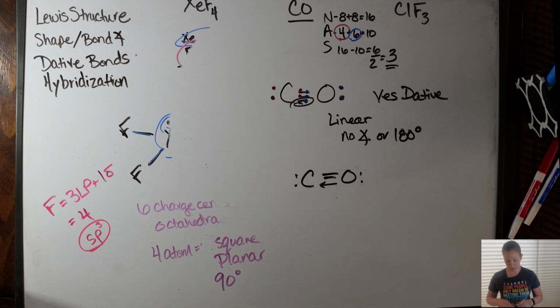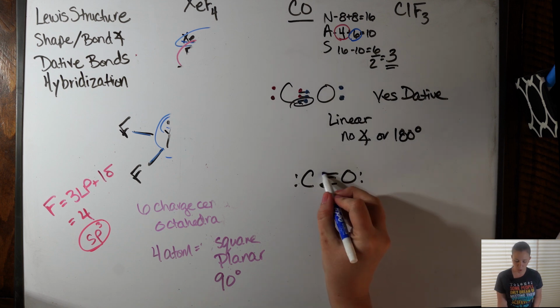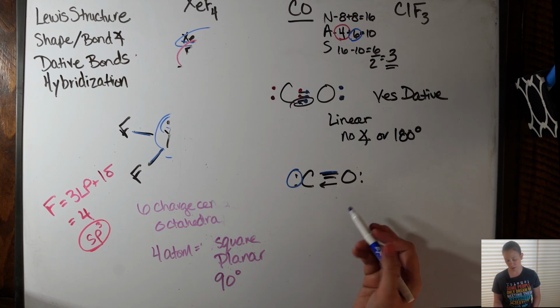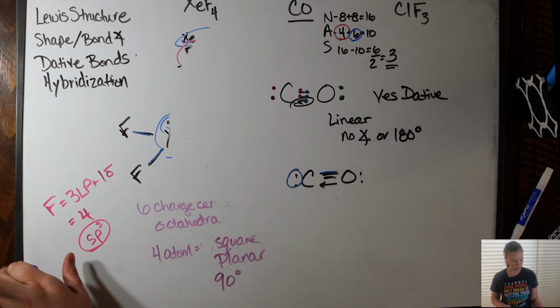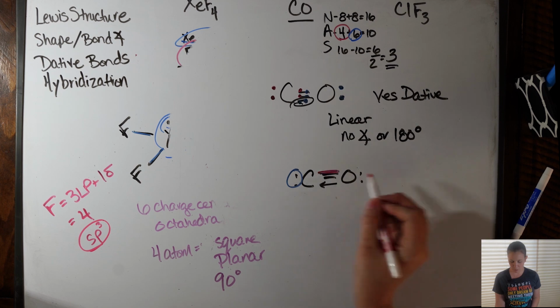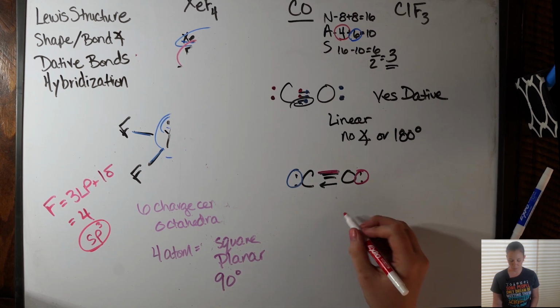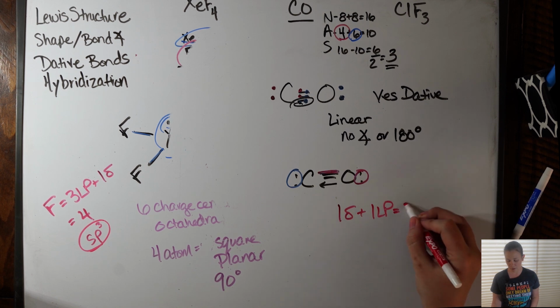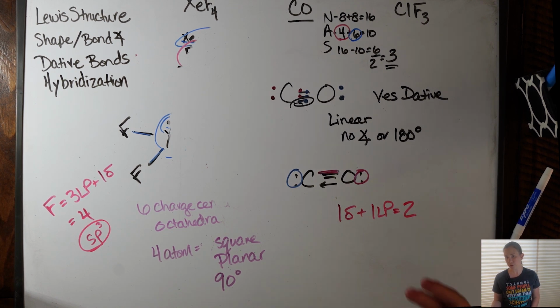And then finally, let's look at the hybridization. We have 1 sigma bond and 1 lone pair on the carbon, and the same thing for the oxygen: 1 sigma bond and 1 lone pair. So if I have 1 sigma and 1 lone pair, that's a total of 2 degenerate orbitals needed.